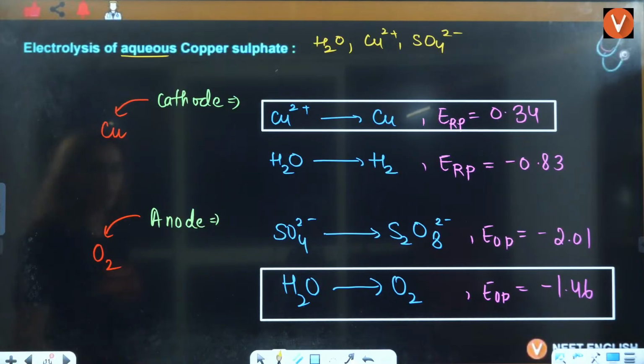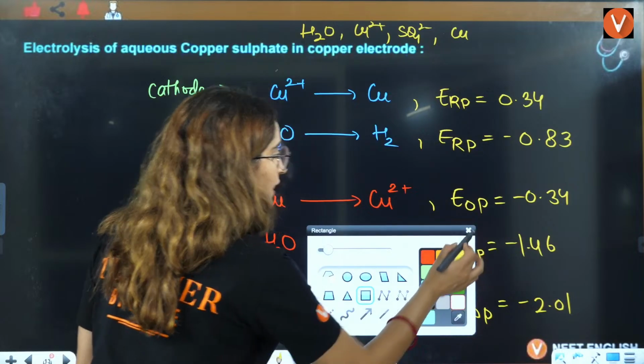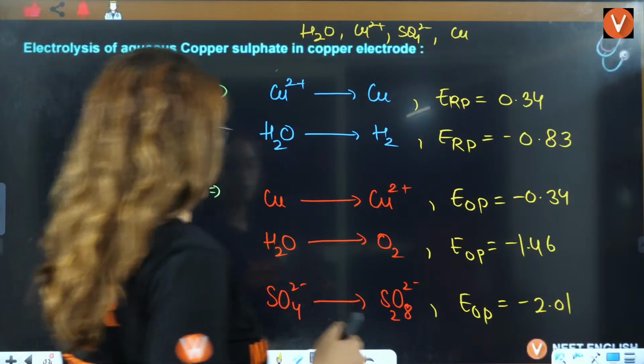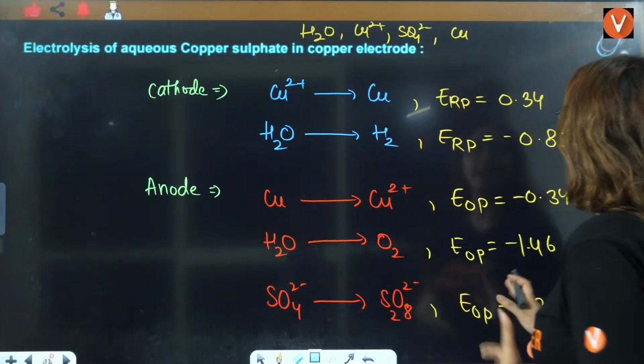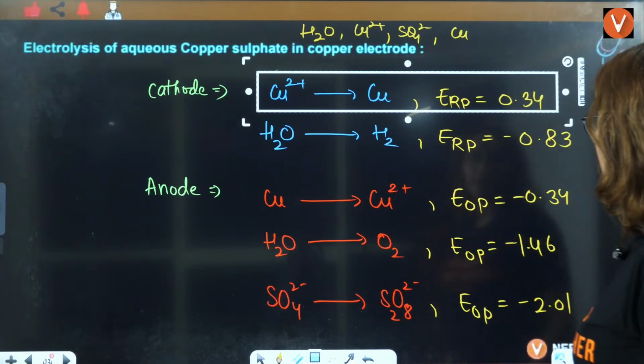Yes, minus 2.01. So now tell me which will be selected. You have all the values in front of you. Now you have to tell which you will select here. If you see this, I'll select the more reduction potential, which means this will be selected.